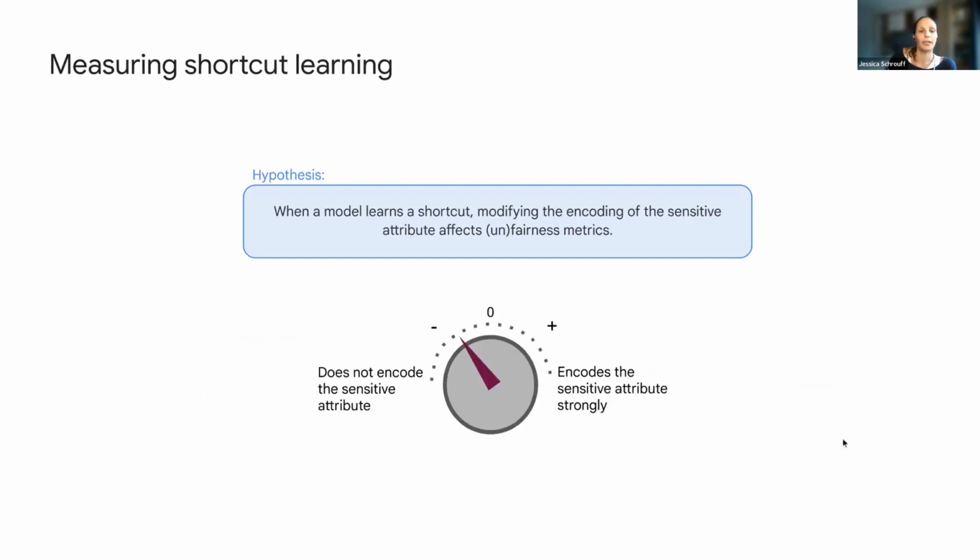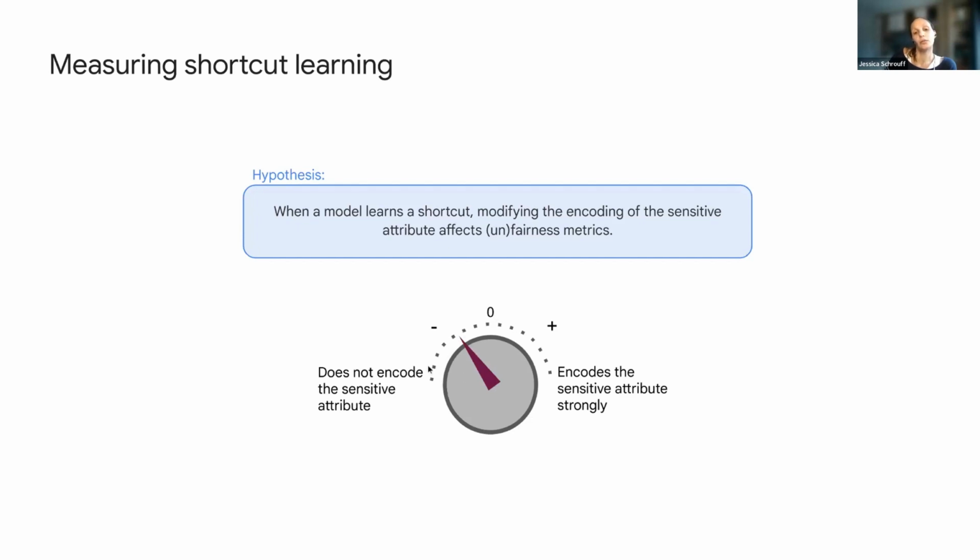We make the hypothesis that when a model learns a shortcut, modifying the encoding of the sensitive attribute affects unfairness metrics. So we're going to perform an intervention where we push the model to not encode the sensitive attribute.